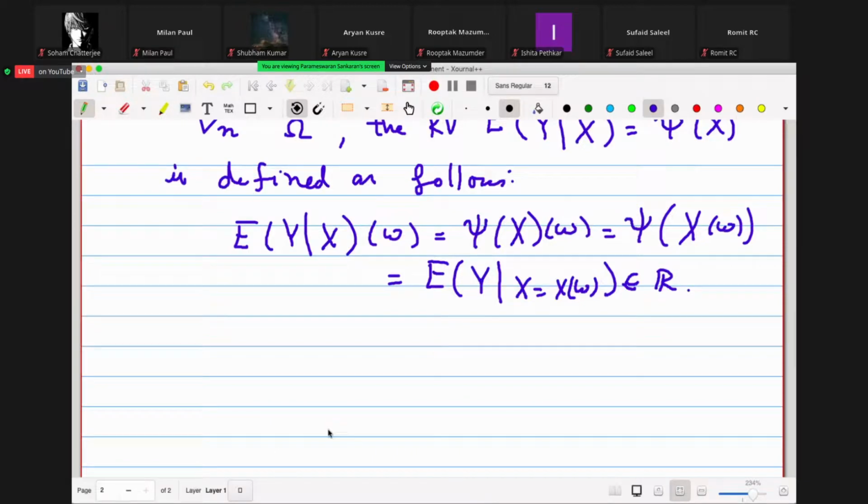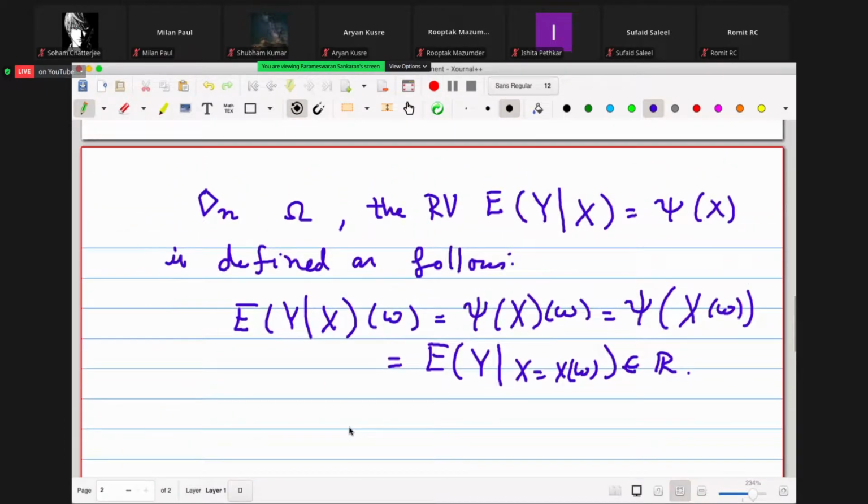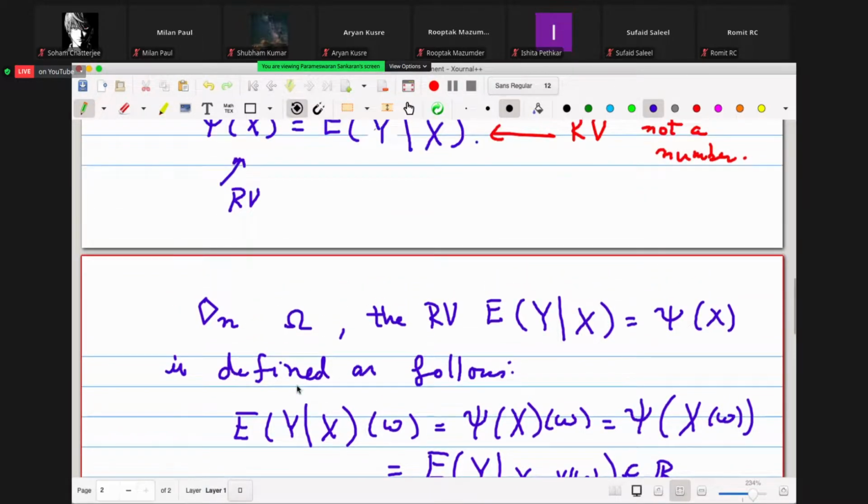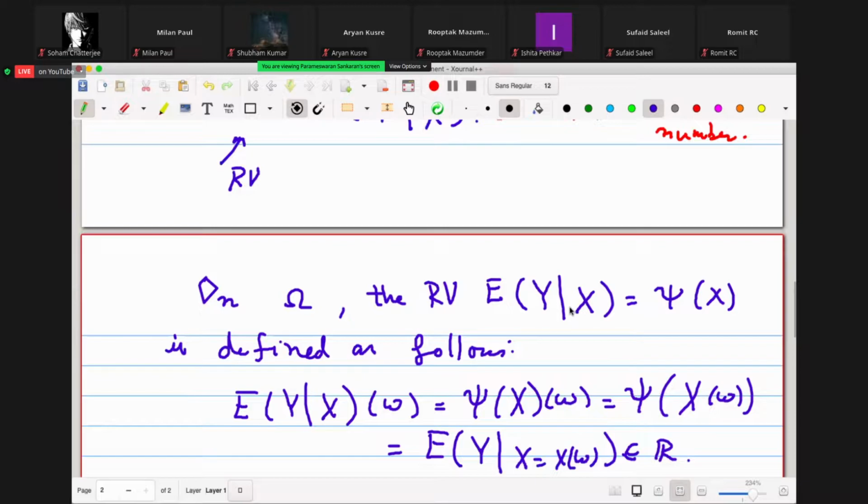The important thing to notice is that you are taking the expectation of Y, but the variable here is x, and that little x is being thought of as a variable. That's why the expectation of Y given X is written as psi of x. You should not think of it as psi of y. This is something you should remember.